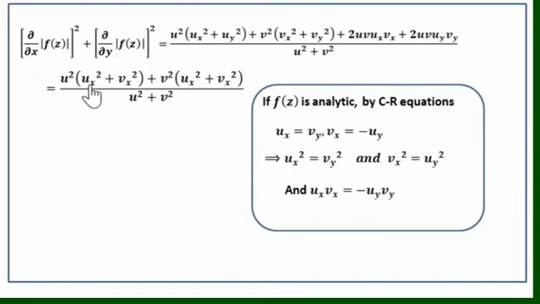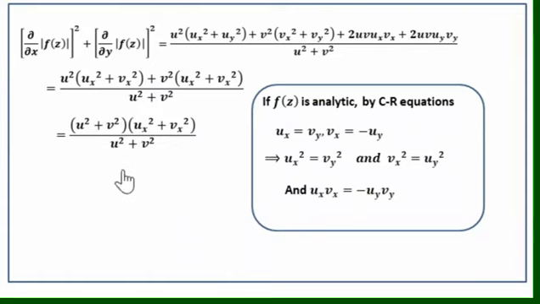Take it outside the bracket, so it becomes (ux² + vx²)(u² + v²). Next we can cancel the common factor u² + v², so it becomes ux² + vx². And the formula for f'(z) is ux + i vx, so the modulus of f'(z) is root of ux² + vx², so that ux² + vx² is |f'(z)|².